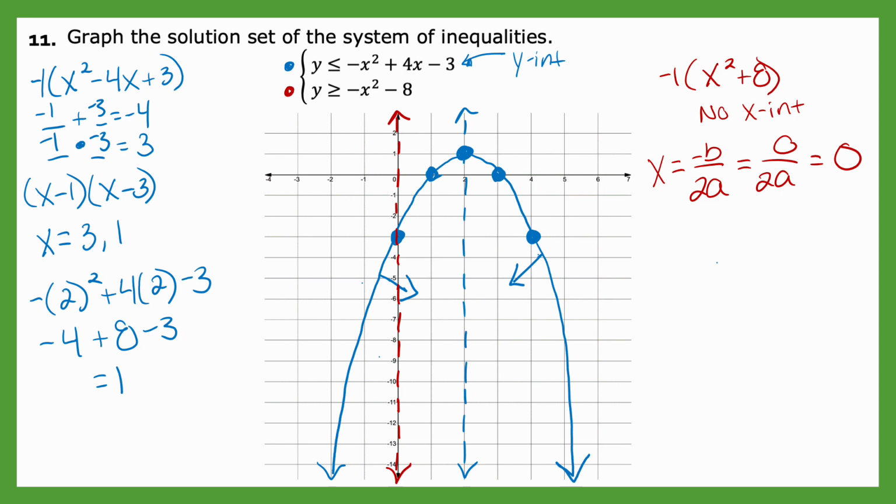Then if I plug 0 back into this function, we would have negative 0 squared minus 8. So what do we get? Negative 8. Okay, so our vertex is the y-intercept, sorry.